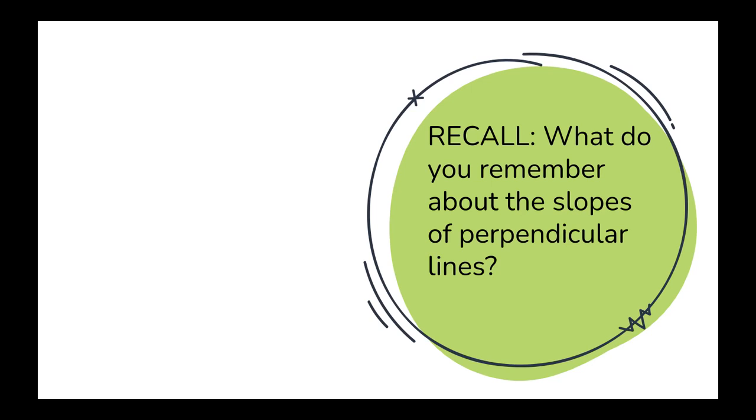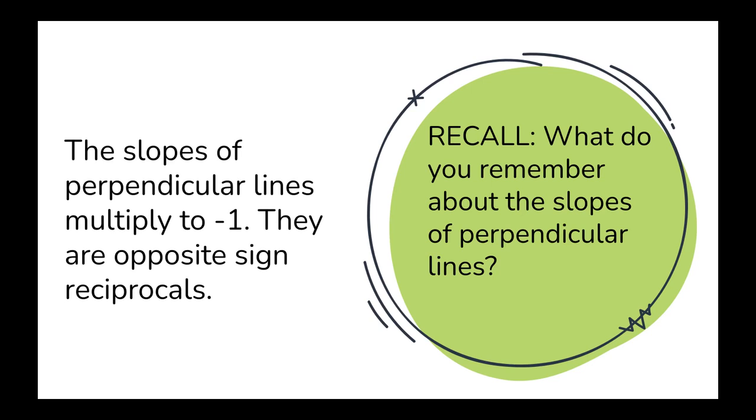Hopefully, you remember that two slopes that are perpendicular will multiply to -1. Or maybe you remember that they are the opposite sign reciprocals. In other words, if I have a slope of 3 over 4, the opposite sign would be negative, and the reciprocal would be 4 over 3.